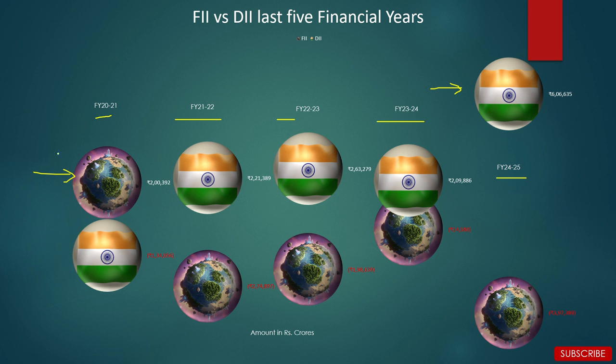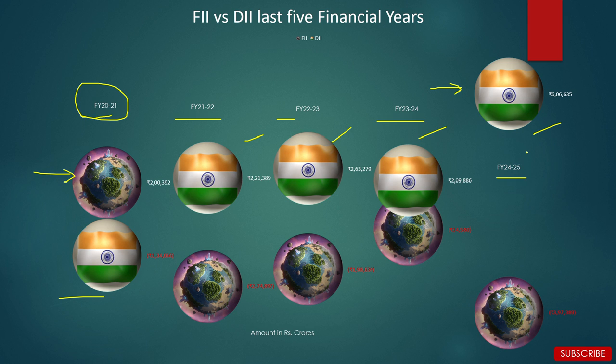As we can clearly see, the last time FIIs were net buyers in the Indian stock market was way back in FY 2021. Since then, they are net sellers, and the situation is exactly opposite for DIIs. DIIs were net sellers only once in the last 5 financial years. That was in financial year 2021. Since then, they are net buyers in the Indian stock market.